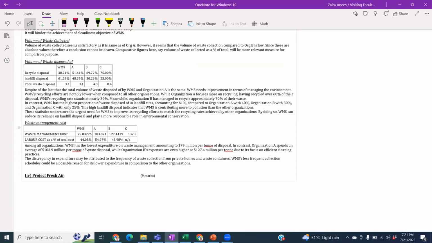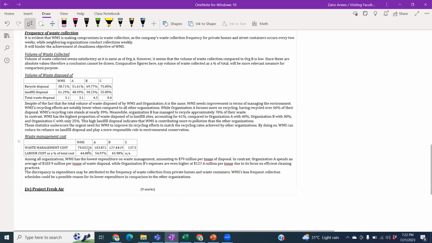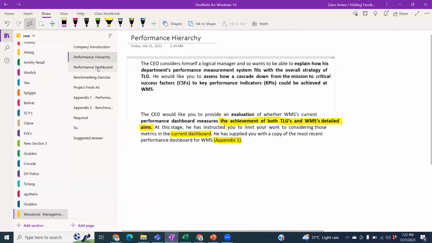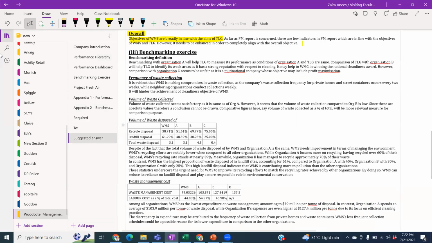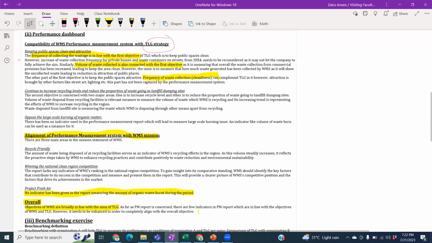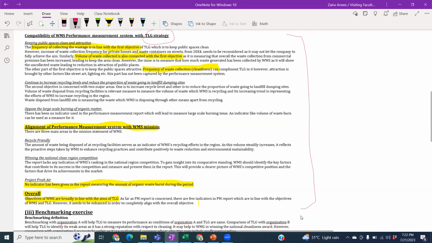The second one is analysis and evaluation. Let me try to highlight where that evaluation was. You were required to evaluate whether the WMS current performance measurement is in line with TLG and WMS. This part which we have identified is something we can connect with evaluation, because we have evaluated whether this is connected or not, what is missing here. So this is the part of evaluation and analysis, right?